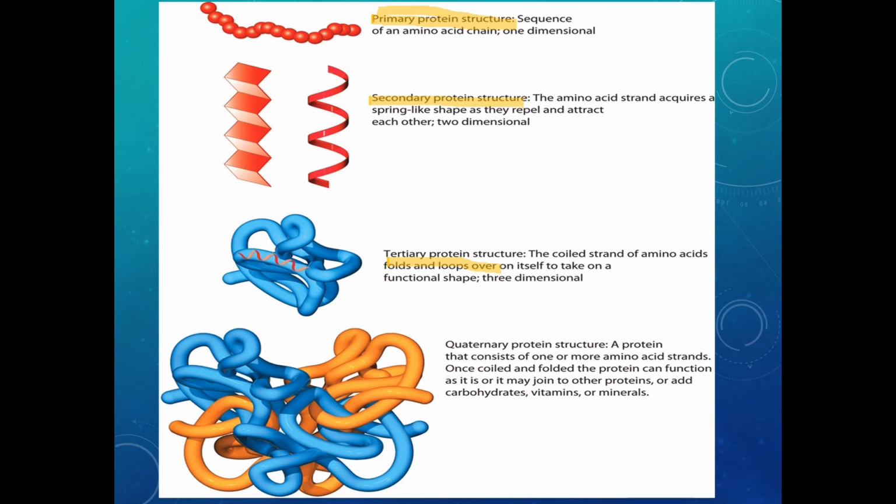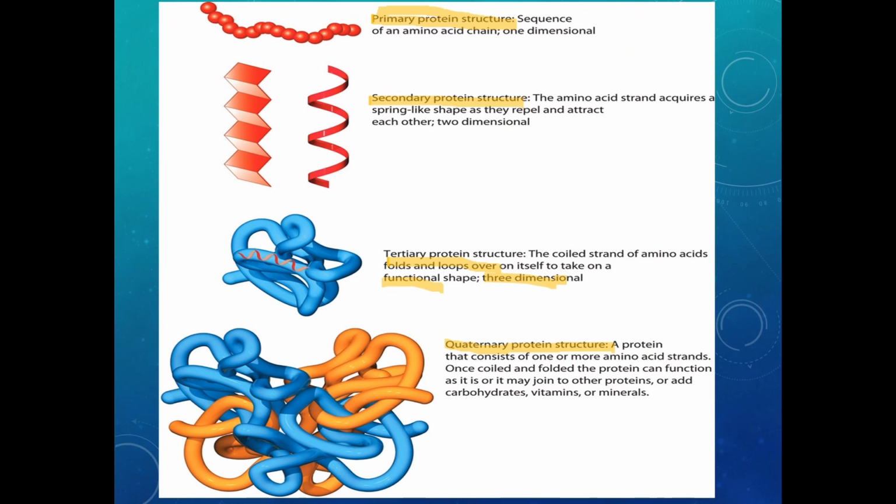Then it will be folded and looped to give its function. Okay, and this is the tertiary protein structure. It's 3-dimensional. Many of these 3-dimensional structures, to be proper to their function, form the quaternary protein structure. So it will be folded and coiled more and more.